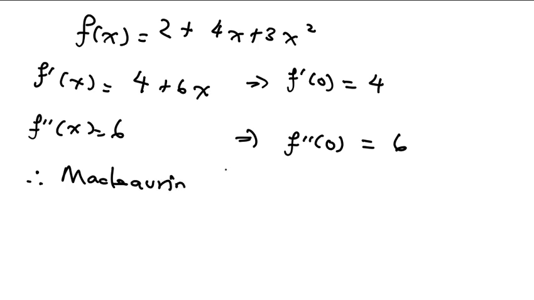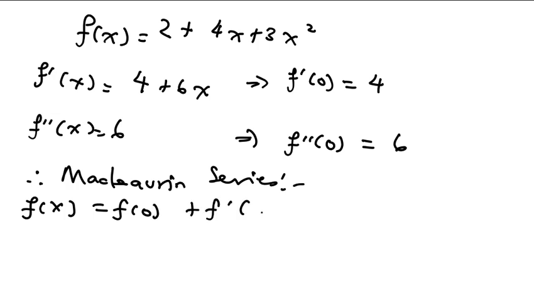the Maclaurin series is given by this. So f(x) equal to f(0) plus f prime 0 over 1 factorial, but it's equivalent to 1, so I don't write it here, times x, plus f double prime 0 over 2 times x squared.